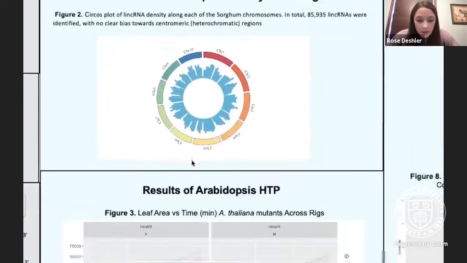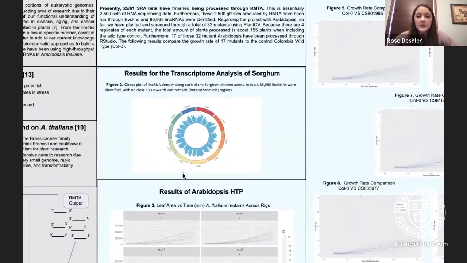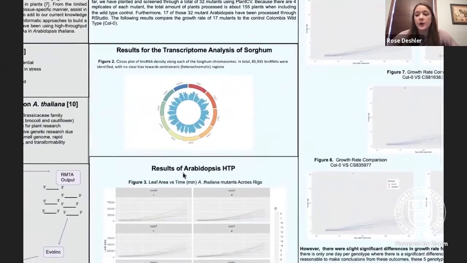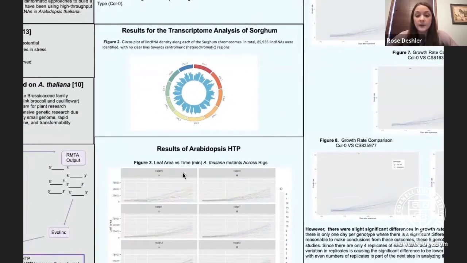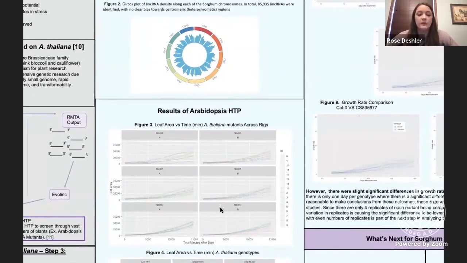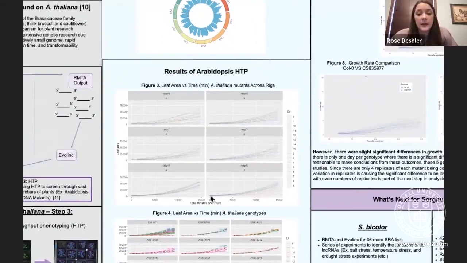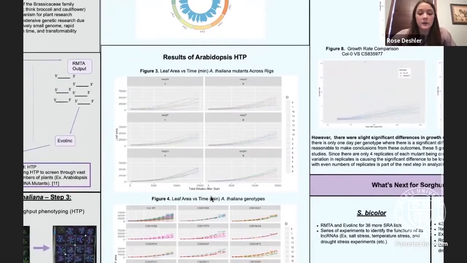With our experiment for Arabidopsis, we have screened through approximately 155 plants. These plants are mutated with tDNA insertions that are targeting lincRNAs. We grew these in control conditions to look at any sort of growth effects or delays.